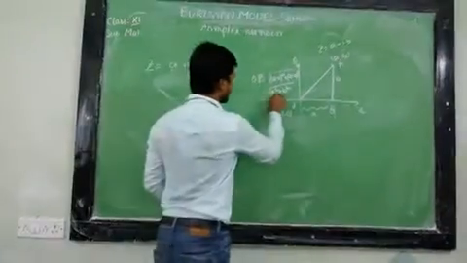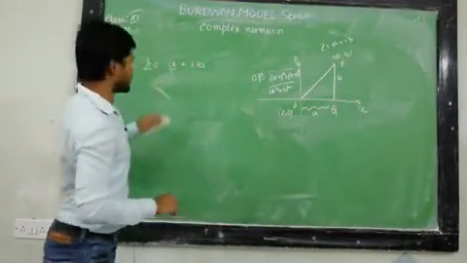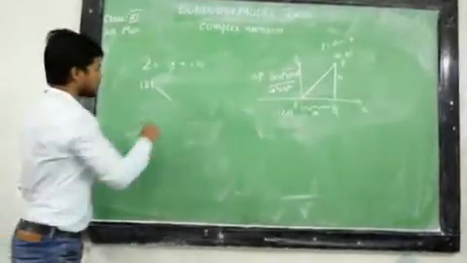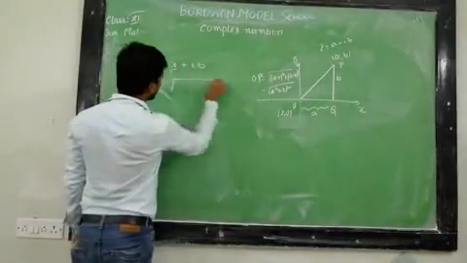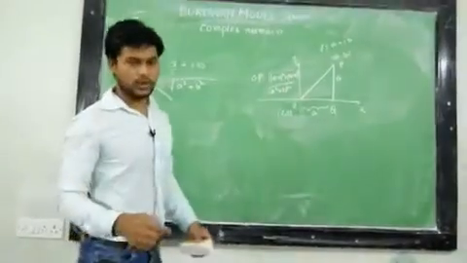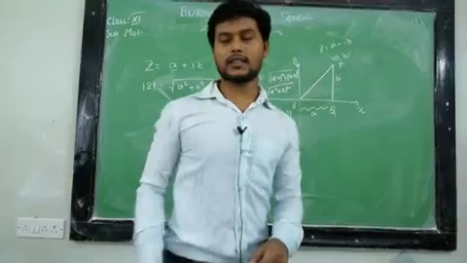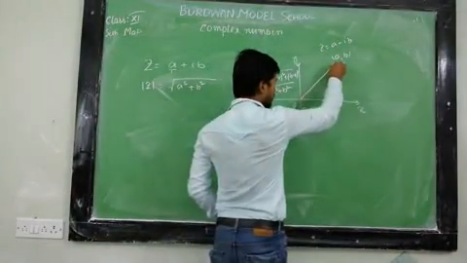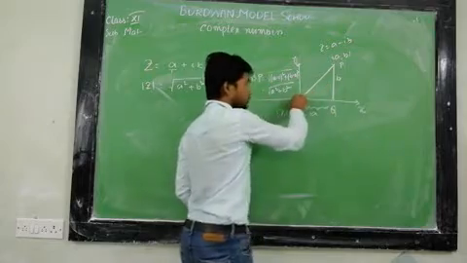This term is called the modulus of the given number. So the modulus of the given number is denoted by mod z, which is equal to the square root of a square plus b square. So what is the modulus? The modulus is the distance of the point from the origin. Distance of the point from the origin is called the modulus.